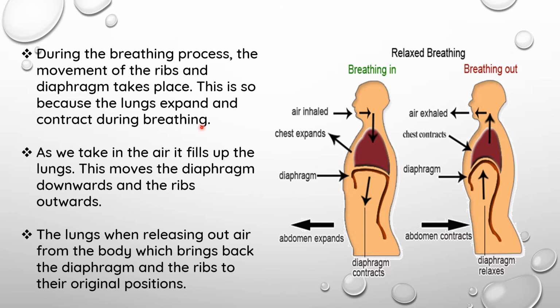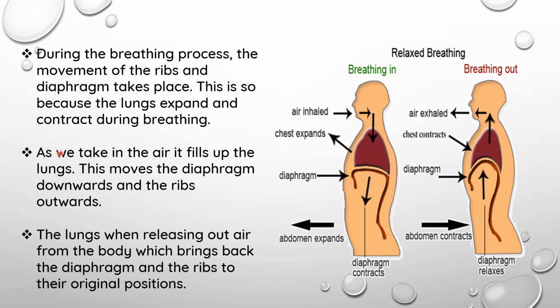When you breathe in, touch your rib cage and you can feel it. When air is inhaled, the chest expands, your chest area increases. At that time the diaphragm contracts and flattens.